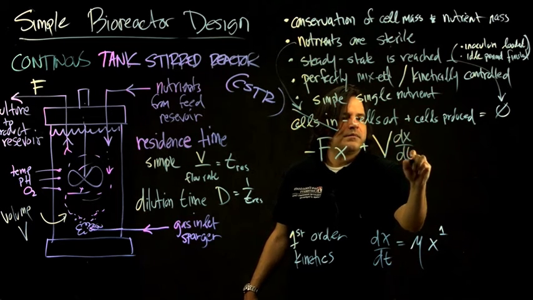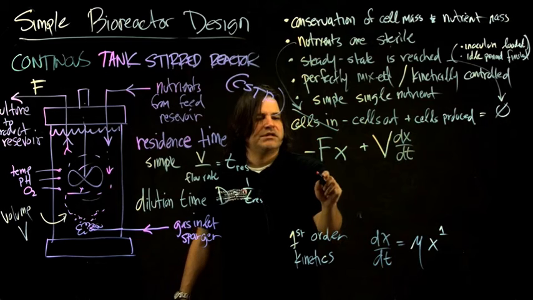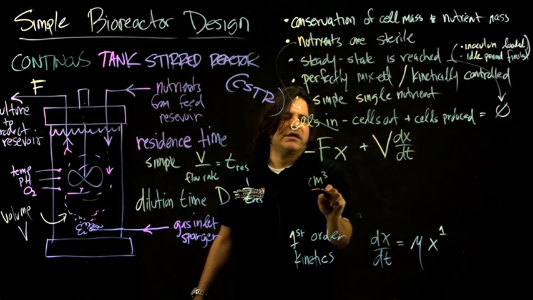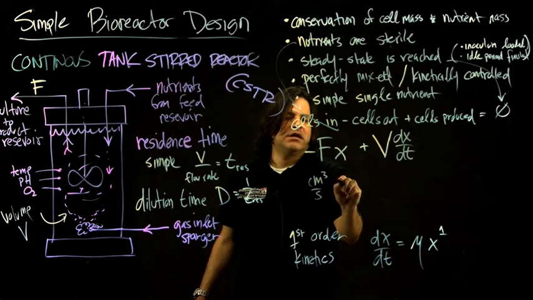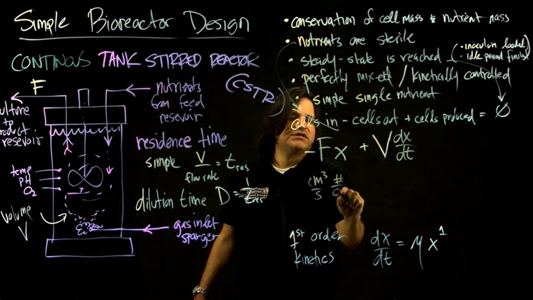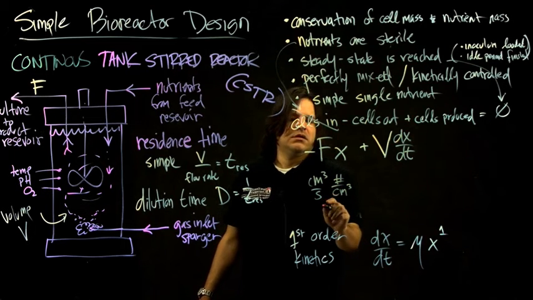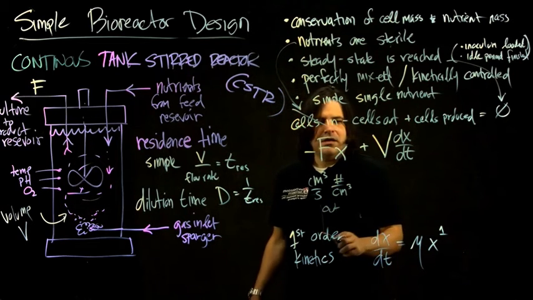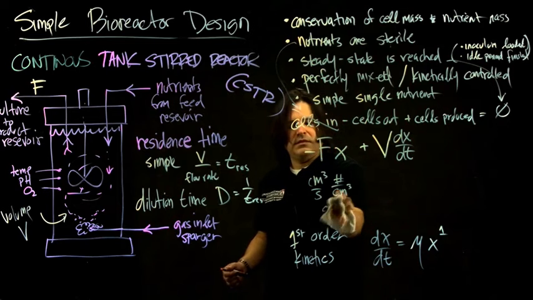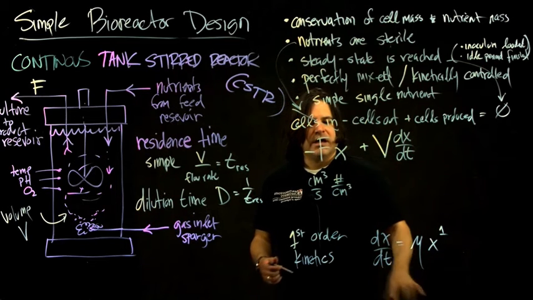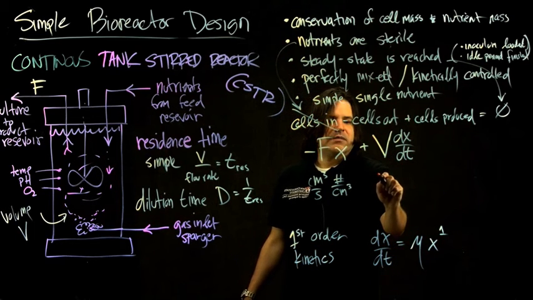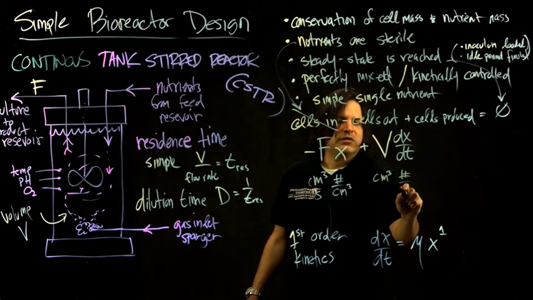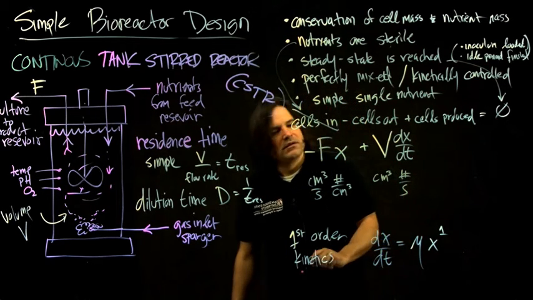So let's say this is centimeter cubed per second. This is a number per centimeter cubed. And this is the outflow, as we said here. I'll erase that because that's how we did the balance. It's what's coming out. And then this is centimeter cubed, and the number of cells produced with time is per second.